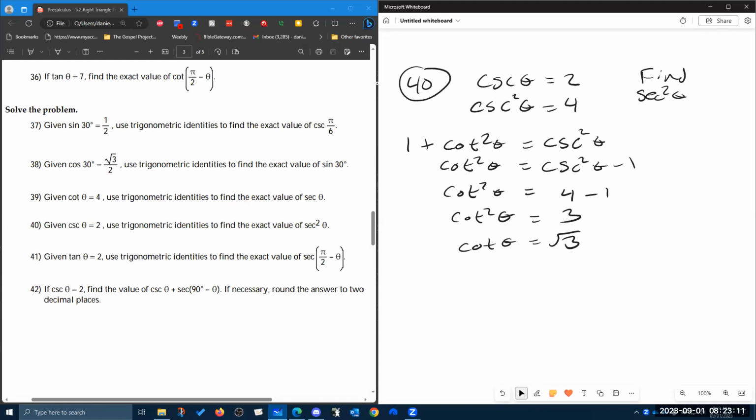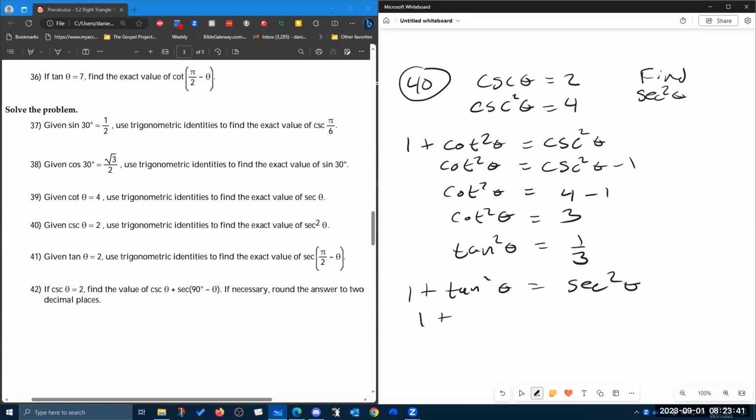Actually, let's take this as like so. Let's leave it like that because I want to get to secant squared. So this is tangent squared is going to be 1/3, and 1 plus tangent squared is equal to secant squared.